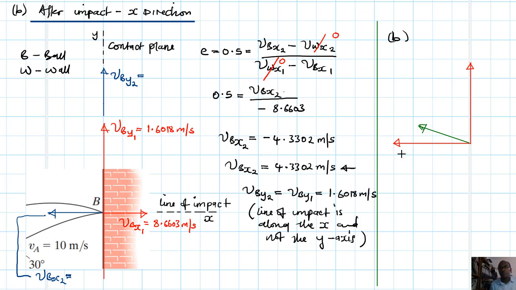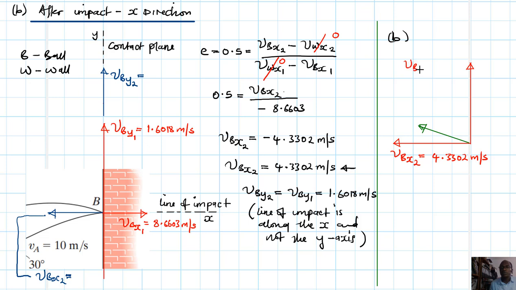So let's label this. So this one is V_B, this is V_BX2, and we say this one is equal to 4.3302 meters per second.